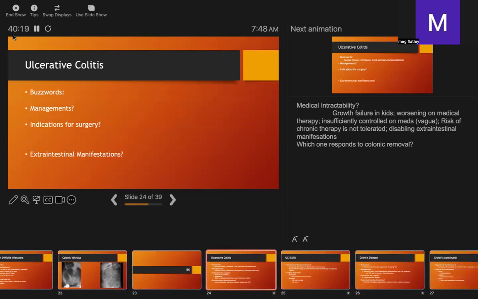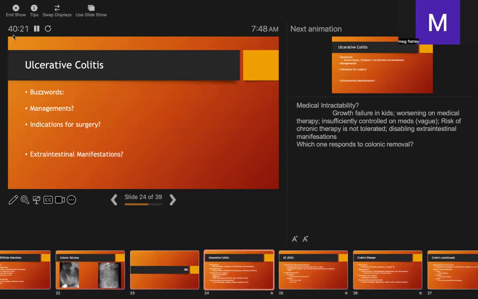Ulcerative colitis, buzzwords. What are you going to see on the test? Ulcerative colitis, what are the buzzwords? Crypt abscesses, what else?